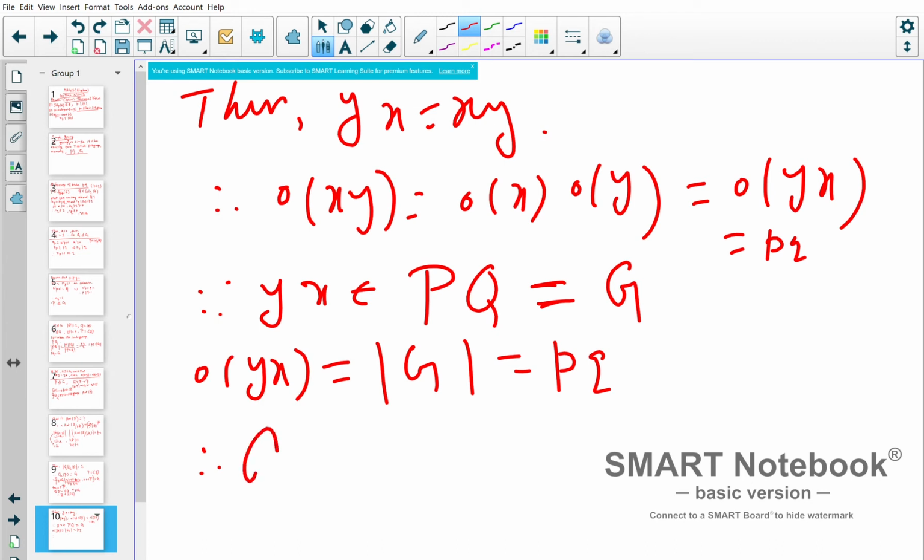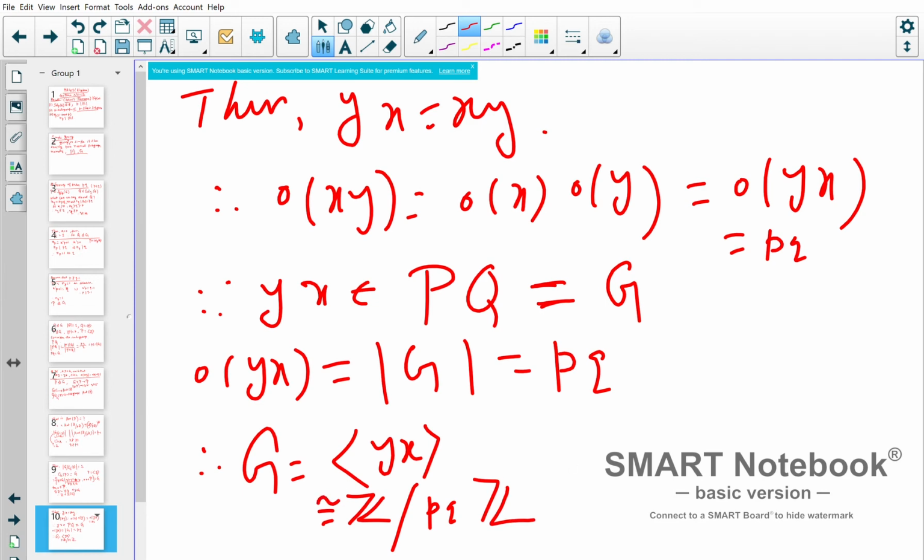G is a cyclic group generated by this element xy, and we can also say that G is isomorphic to Z mod PQZ. Clear? So in this case, you can classify properly how the group looks. And in the other case, you can also say that there is more than one.